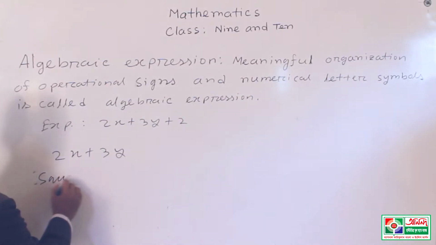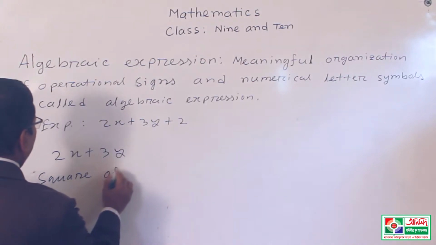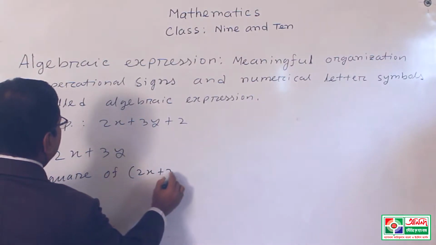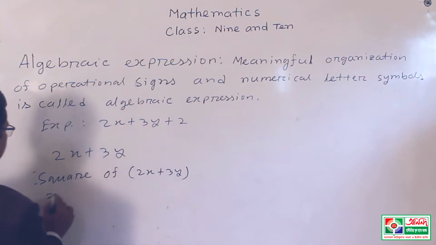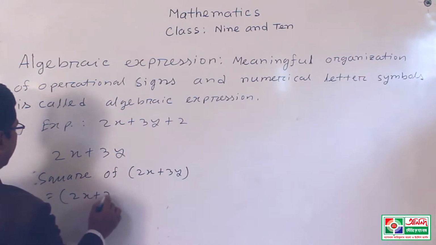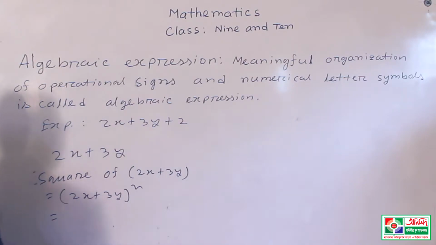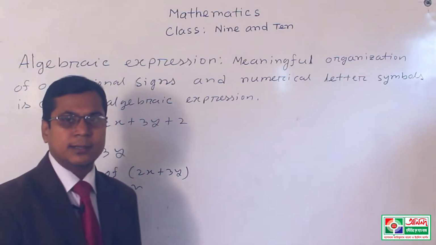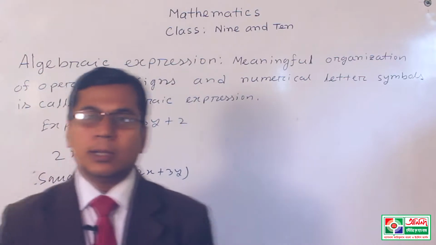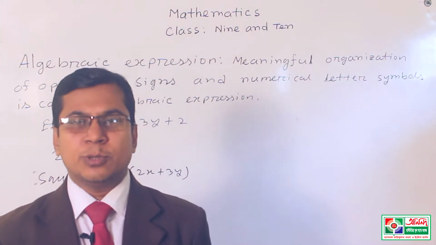At first you will write square of 2x plus 3y, and then you can write here (2x plus 3y) whole square, or you can apply the formula (a plus b) whole square. We know (a plus b) whole square equals a square plus 2ab plus b square.